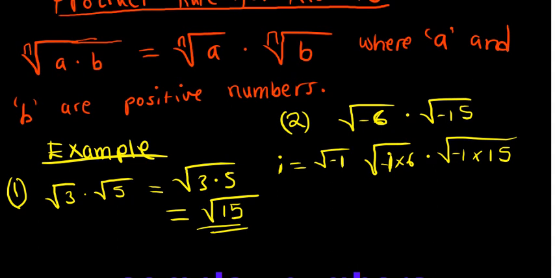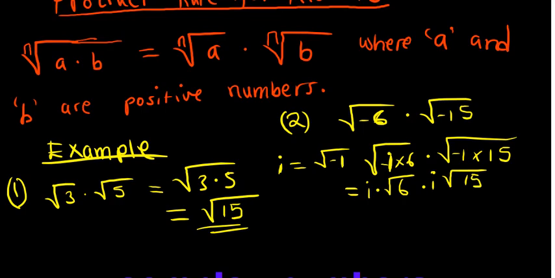So we are going to say we remove the i. So we are going to say i multiplied by the square root of 6, we leave the 6 inside here, then multiplied by another i, then we leave the 15 inside here.